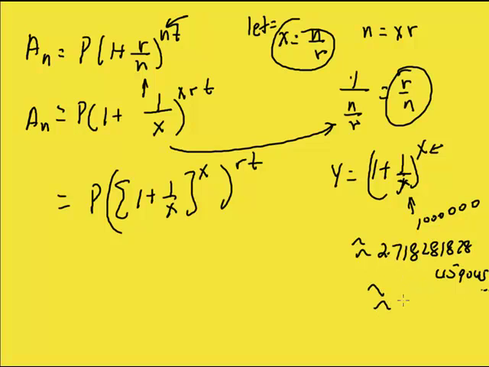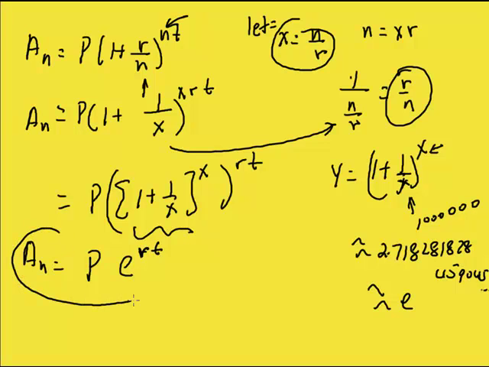Instead of writing all that out, we just call it E. So therefore, A sub N becomes P times E to the RT. This is known as a continuous growth formula.